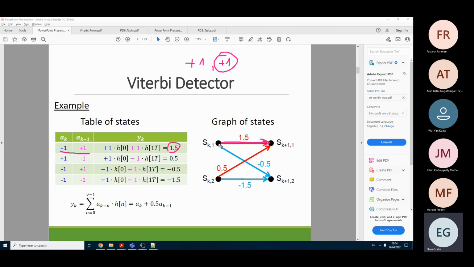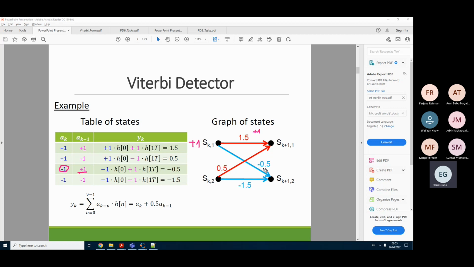So we transition from state +1 to state +1 sending value 1.5. That's the transition for +1. If from this same state we send value -1, so AK is -1 and our original state is +1, then we transition to the new state -1, because this is going to be the next state for the next symbol.